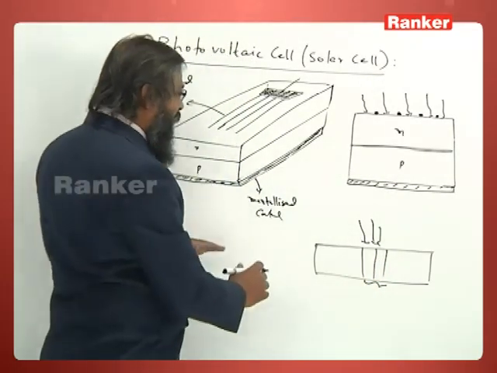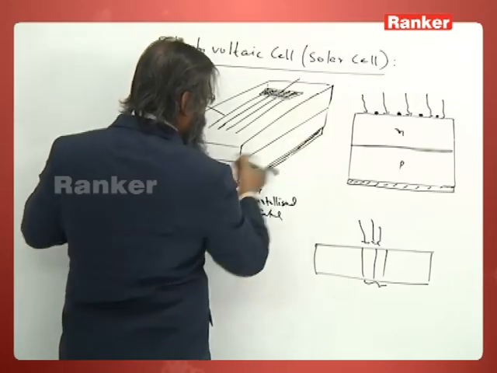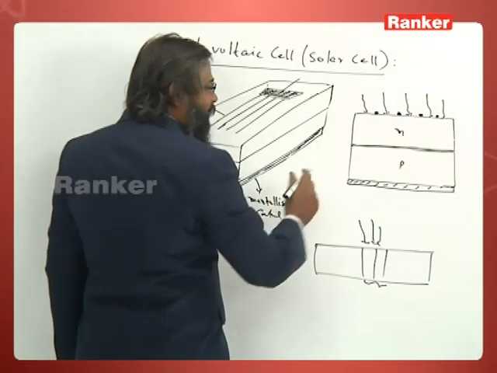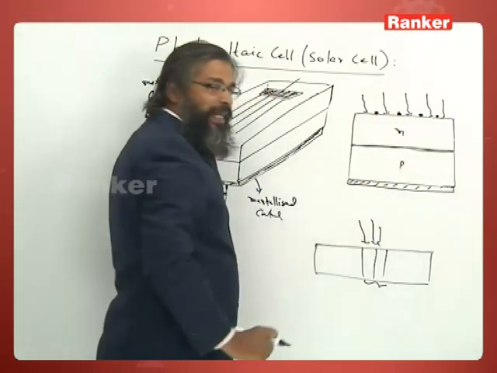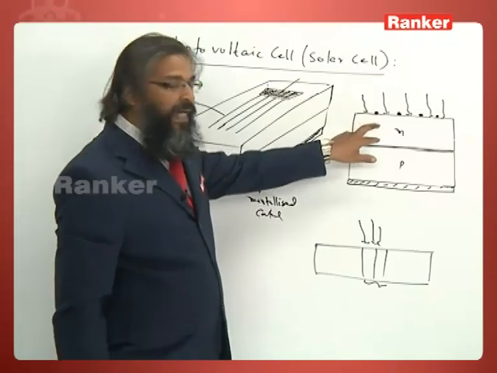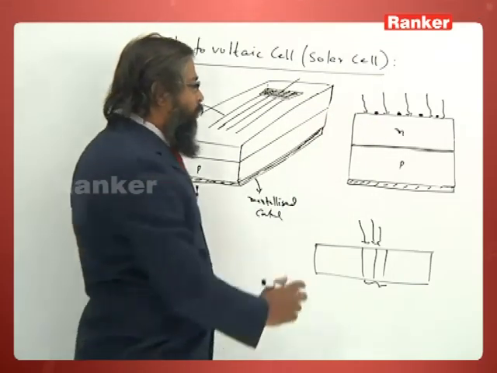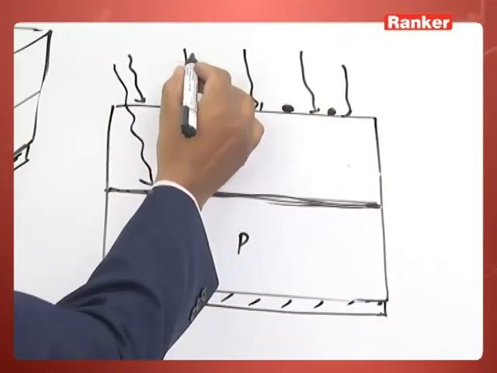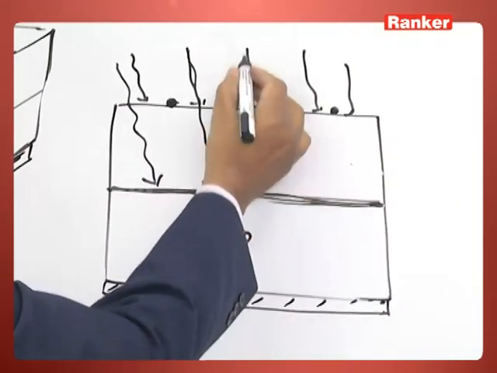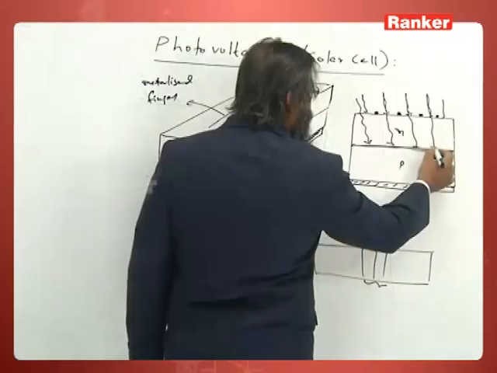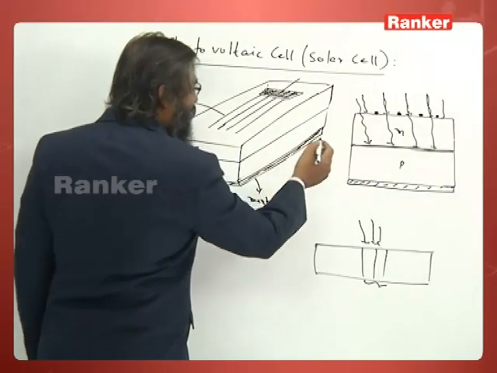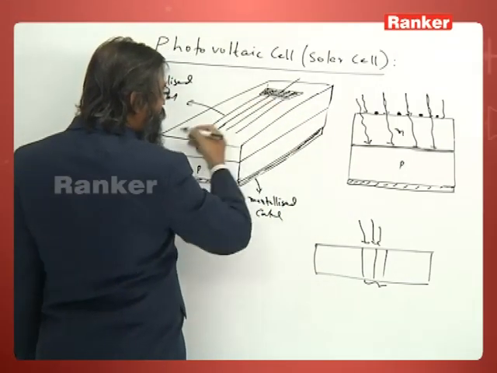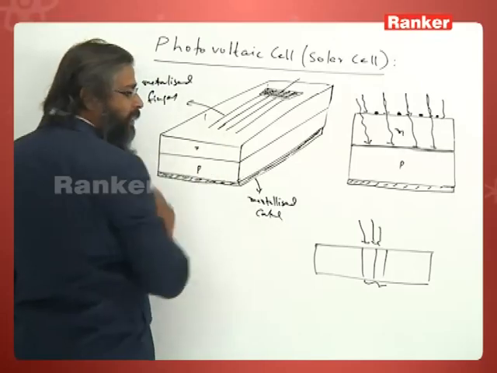So, the junction is actually here in this diagram. Now, there is a limitation for us: this top side must be transparent, so light falling through here must enter and reach this region. That is why, in order to connect to the top, we have just kept fingers. We have not metallized the whole surface, otherwise light won't reach the junction.